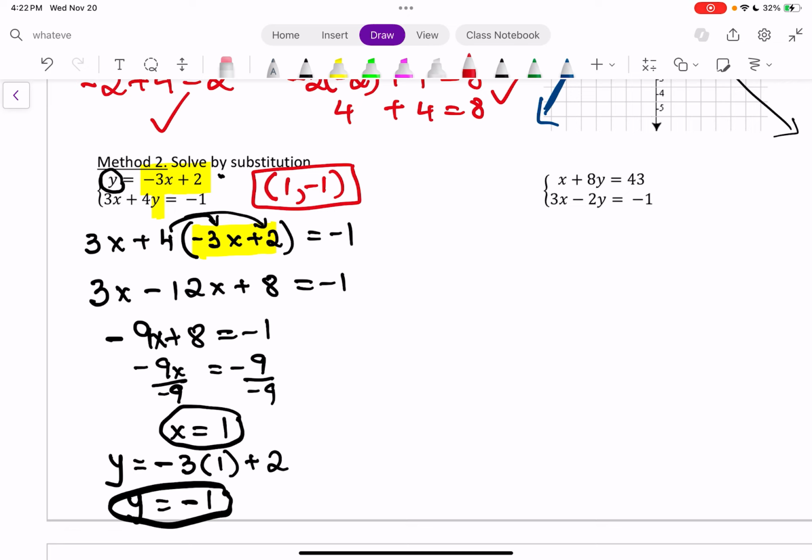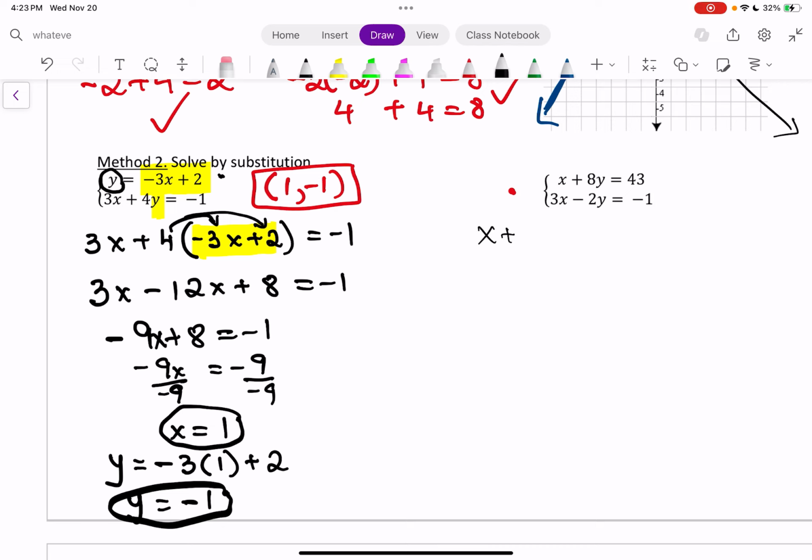All right, this second system here, even though, yes, we will solve by substitution, the good part of the first system was that y was already by itself. So to solve by substitution, you need to have one of your equations solved for x or for y.